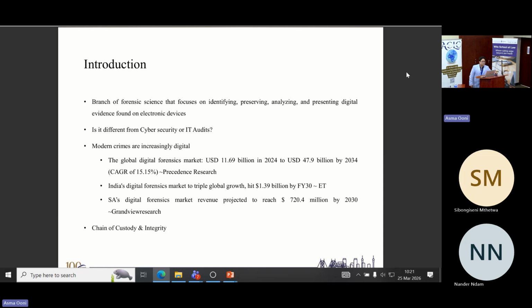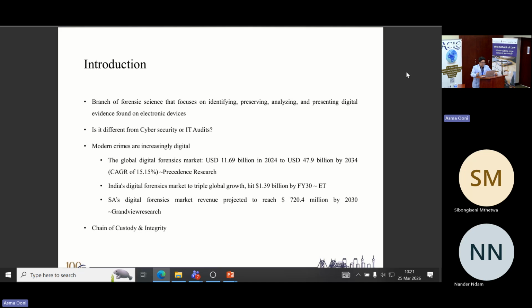If you look particularly at emerging countries like India and South Africa, most crimes are happening there. This is just an example, as it is going on in developed countries also. But if you look alone at the Indian digital forensic market, it is going to be about 1.349 billion by 2030.